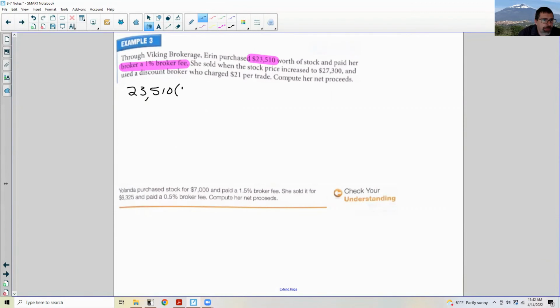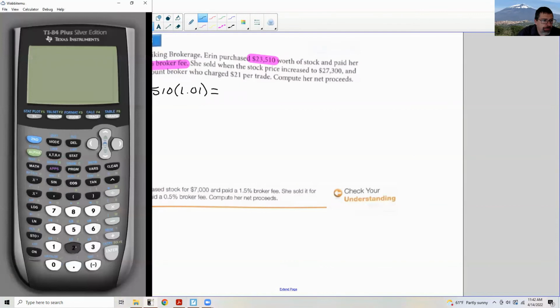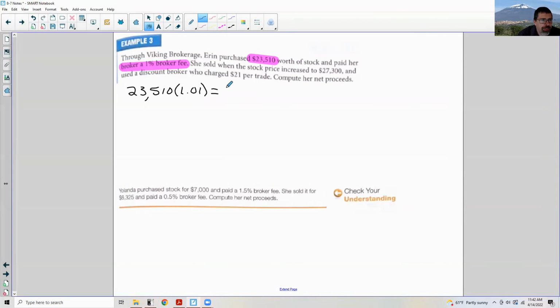So you can multiply that by 1.01 to get 1% added onto that price. So if I go to my calculator and do 23,510 times 1.01, it becomes $23,745.10. That is what Aaron spent to buy these, including broker fees.